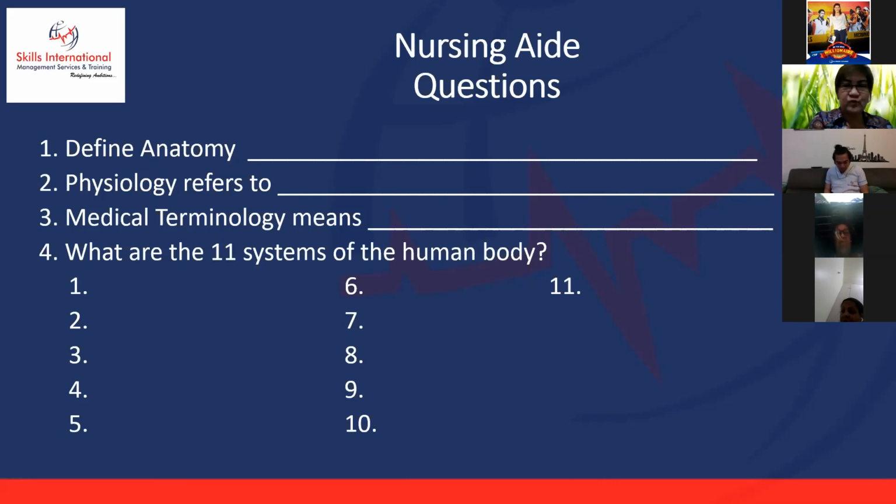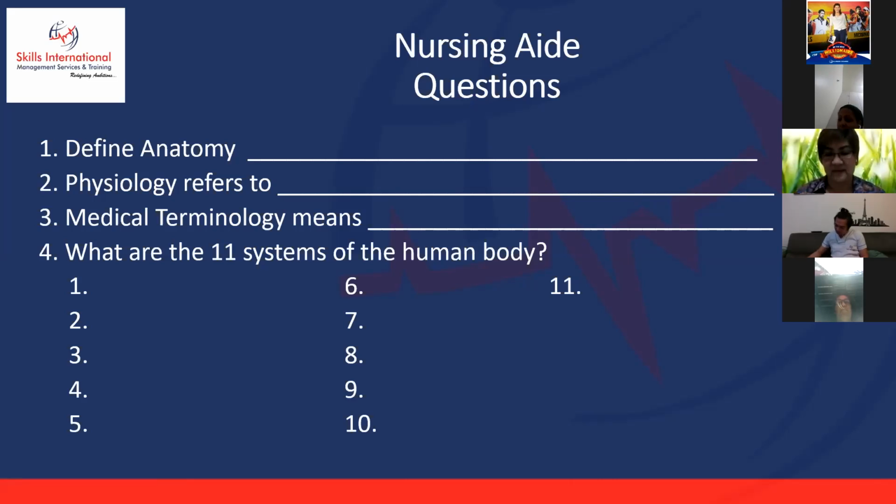So I got only Julius and Romelda. So where are the others? Ayan din. Ramay.